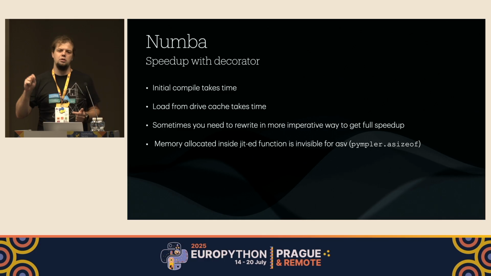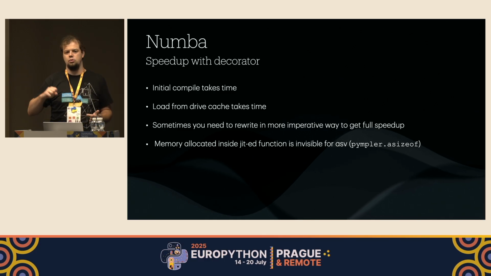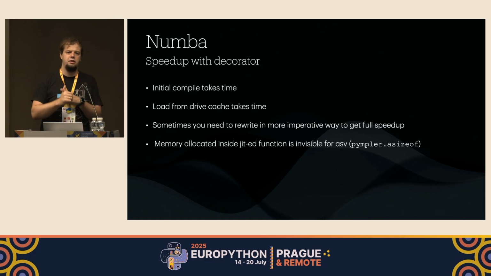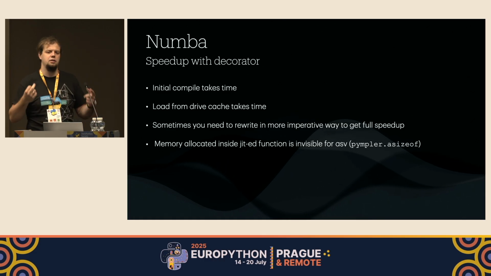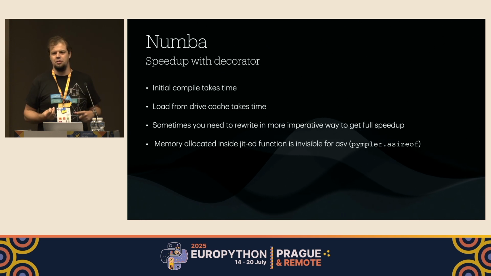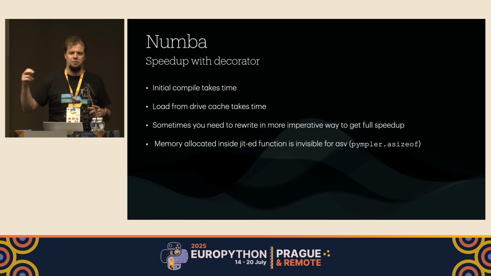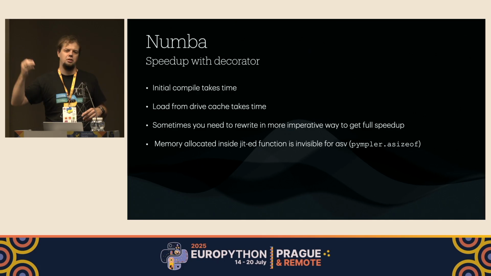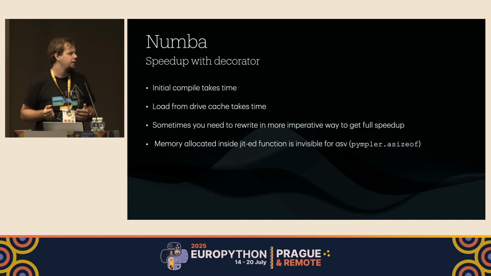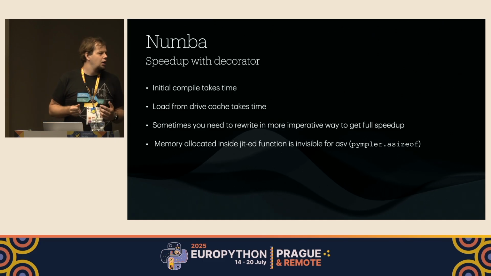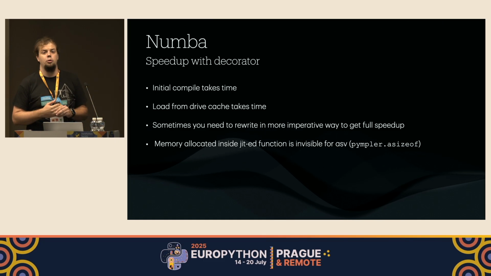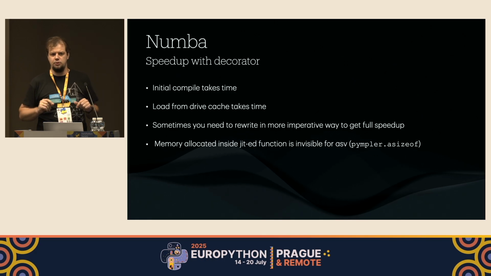So the time which Numba needs to load from drive on request is visible in the user interface. Numba compiles per array type, array dimensionality, and array memory order. So in some situations, we need to run it with C order and F order, where F is Fortran. Sometimes, as I showed, to get the full speed up, you need to rewrite some vectorized operations to for loops.